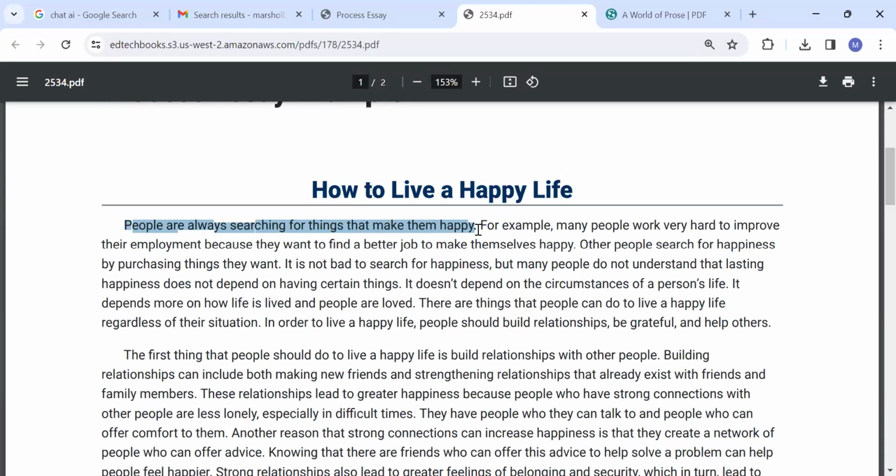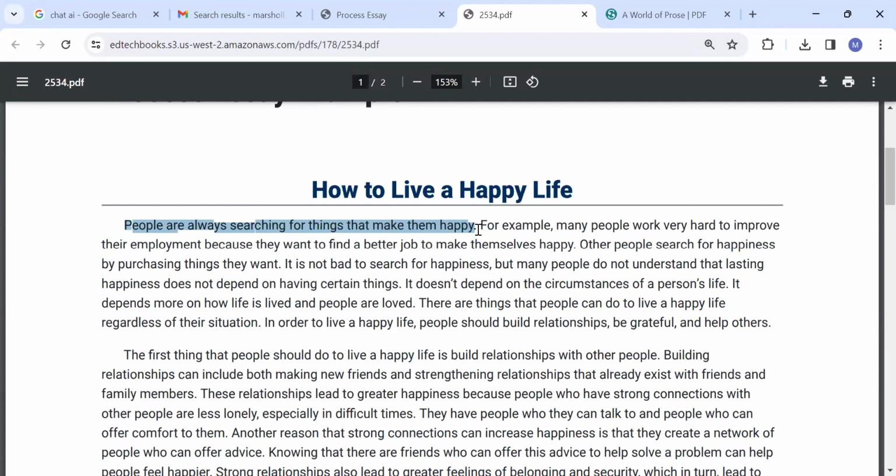Expository essays are not the type of essays that begin with a question. The reason for this is if you ask a question and the individual is not excited by the question, they will simply say no and move on. So if you say, do you want to live a happy life? And the person says, I don't care, they'll move on.